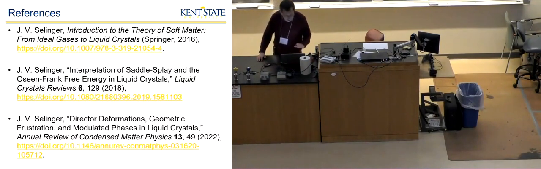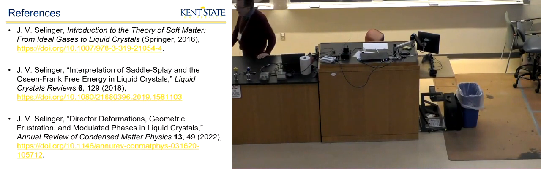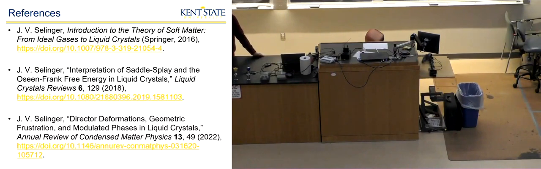Okay, so the references that I put here and also up on the summer school website are these 3 things that I've written. The first is a book corresponding to the class that Shuang took. That's an overview of the theory of soft matter leading up to liquid crystals.